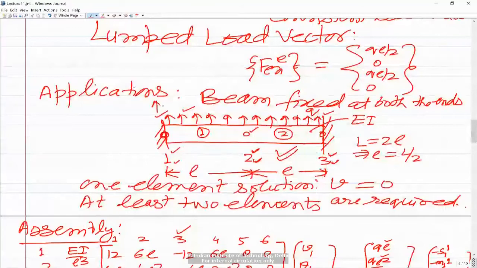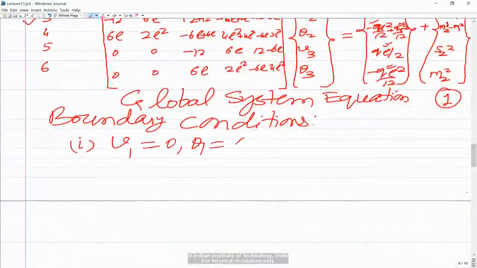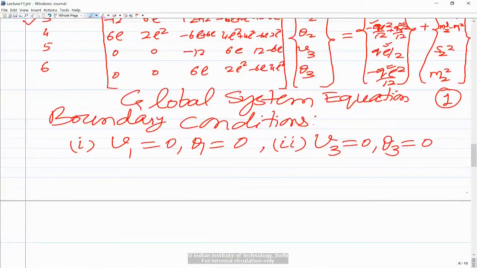So v is 0 there, and because this kind of support is anchored, it is not allowed to rotate. So theta will also be 0. So v and theta are 0. Similarly, the same thing at global node number 3. So we will have v1 equal to 0 and theta 1 equal to 0. And for global node number 3, we will have v3 equal to 0 and theta 3 equal to 0. That is, deflection is 0, slope is 0. It's a fixed beam.